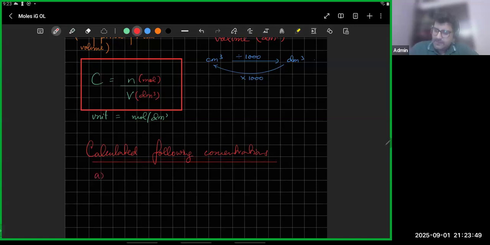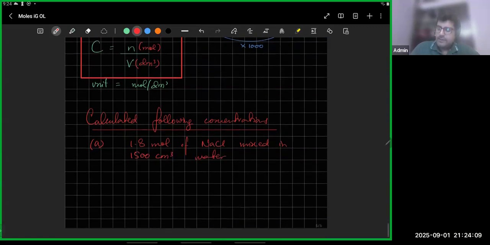Now, for example, I've got 1.8 moles of NaCl mixed in 1500 cm cube water. So I need to know what the concentration is.